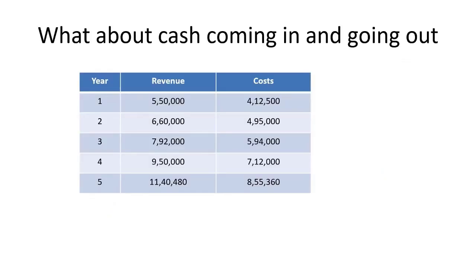So here are the projections of what is the cash coming in, which is in the form of revenue, and what is the cash going out, which is in the form of cost. And there is something called net cash flow. Net cash flow is nothing but the difference between what is coming in and what is going out.